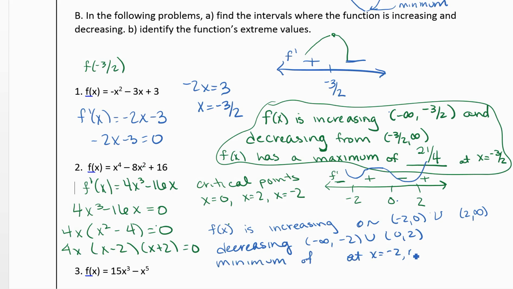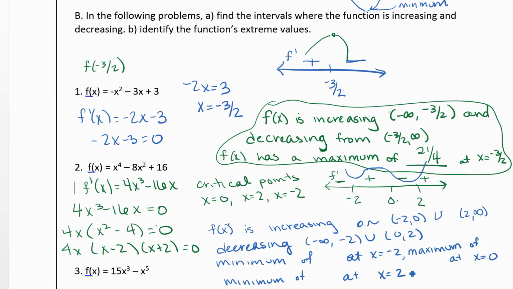Then we're going to have a maximum of something at x equals 0. And then we'll have a minimum of something at x equals 2.